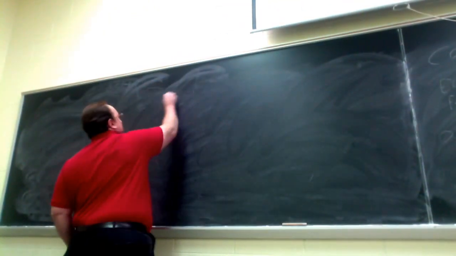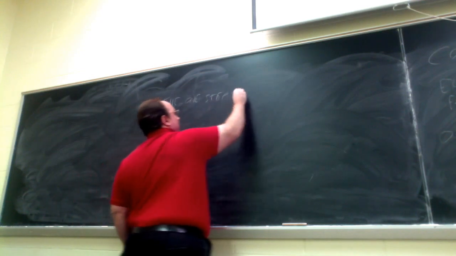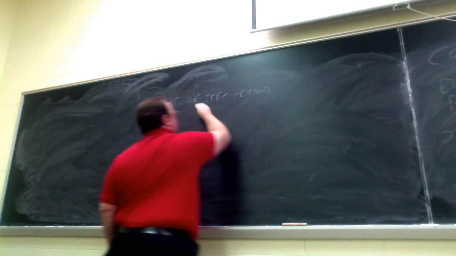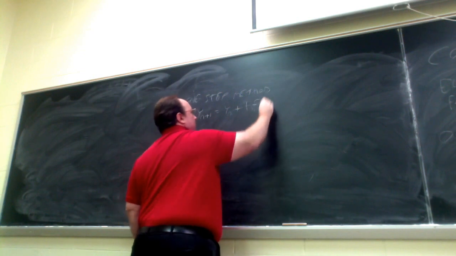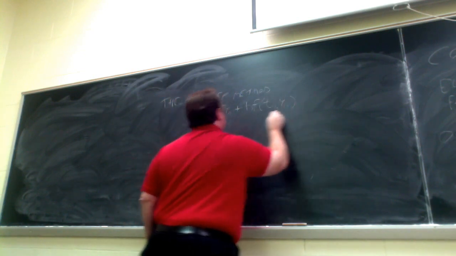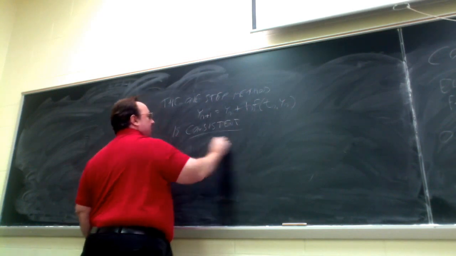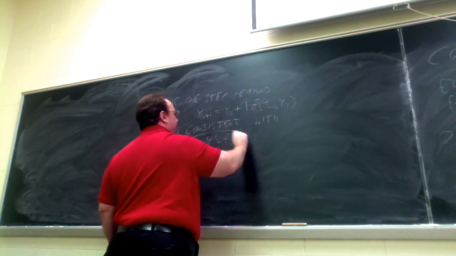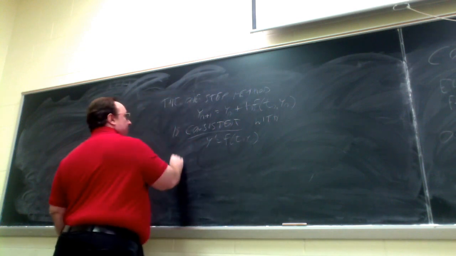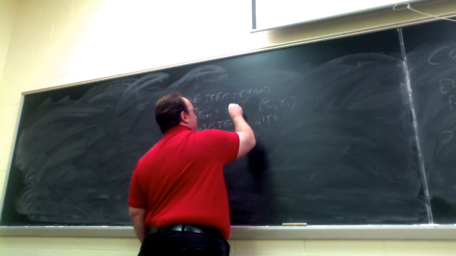So this leads me to a definition of a very important term: the one-step method is consistent with the original ODE, y prime equals f of t, y. Oops, I didn't mean to write Euler's method. I wanted a general one-step method. Sorry about that.